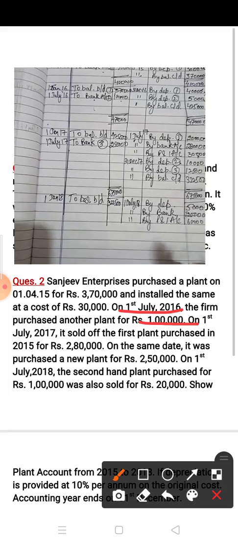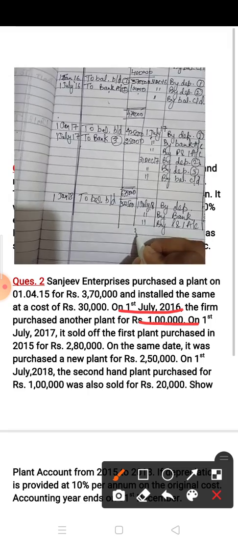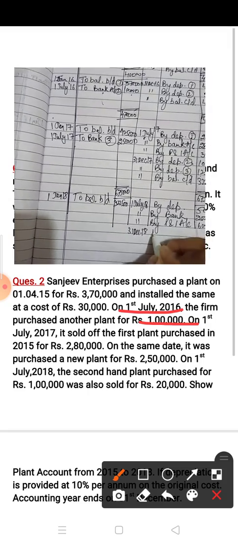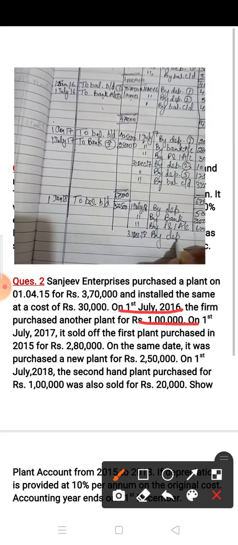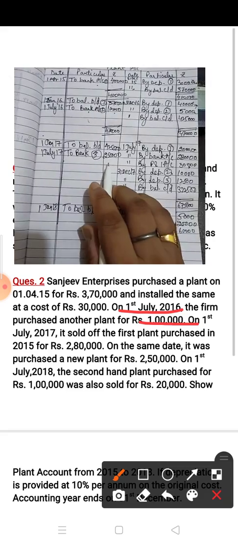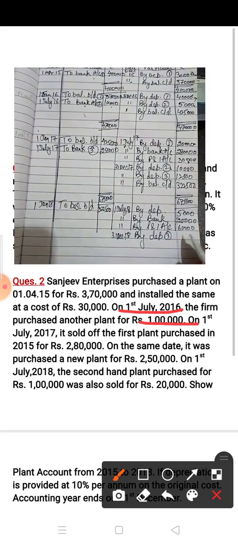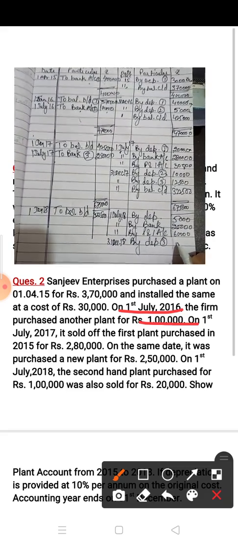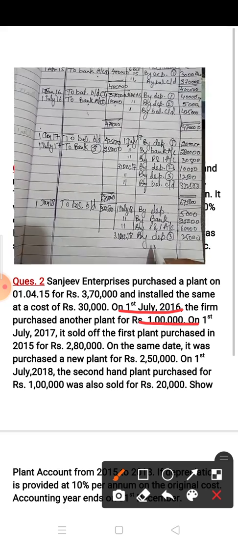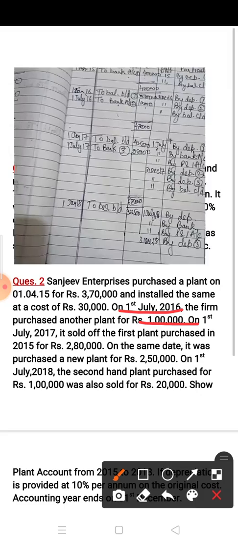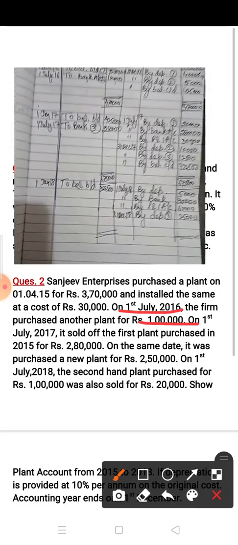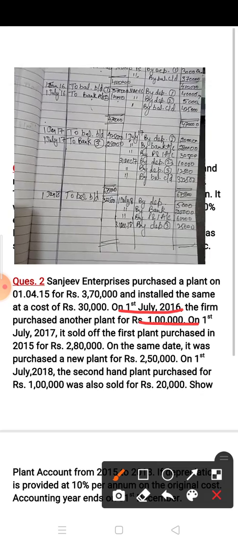Now you have only one plant, so on that plant you have to charge the depreciation. Only one plant is remaining, depreciation number 3 you have to charge. So that plant cost is rupees 2,50,000. 10% depreciation you have to charge, so it is 25,000. Now after this, out of the 3 plants you sold 2 plants.